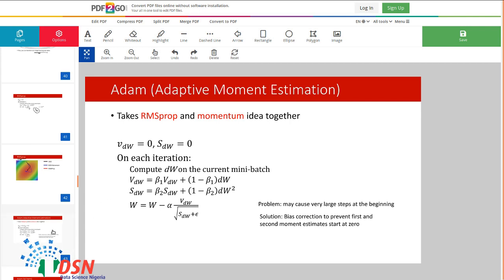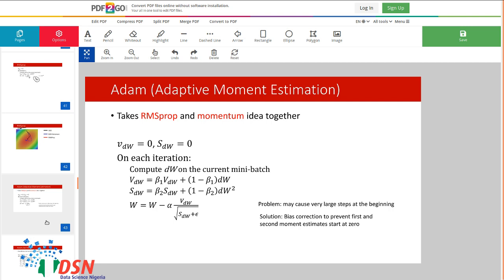Okay, so for Adam, we are actually combining. Adam is the next optimizer, and it is in fact the abbreviation of adaptive moment estimation, and we are combining the RMS prop and momentum ideas together. So it isn't a new thing actually.